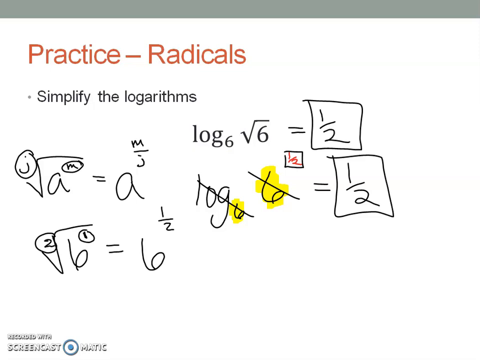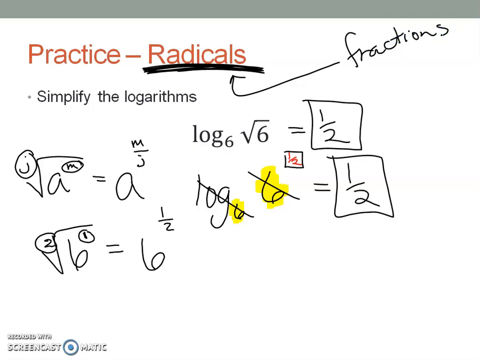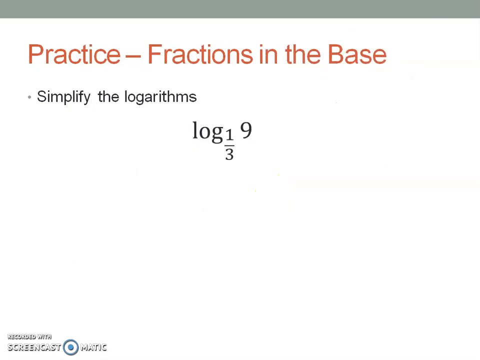So for this one, I've got radicals. Radical is just another word for root. When you see a radical, you're thinking fractions. And specifically for my fractions, I'm going to be thinking my jam rule. Okay? Next one. I've got a fraction in the base now.